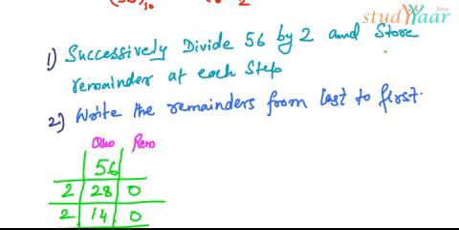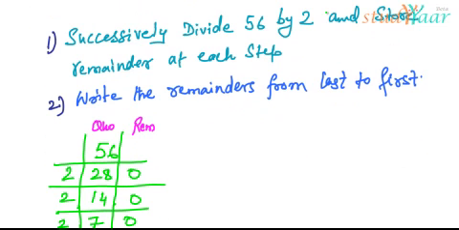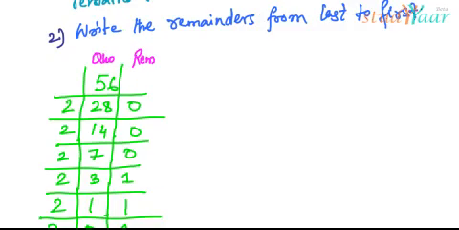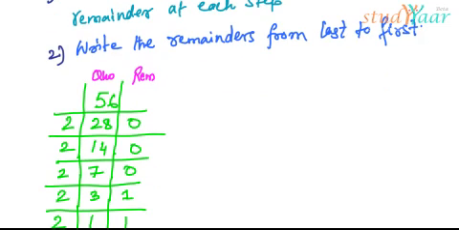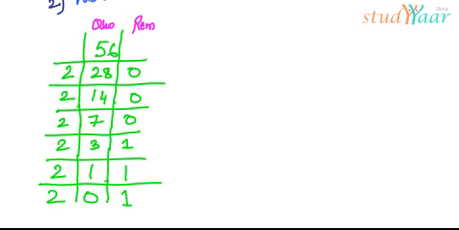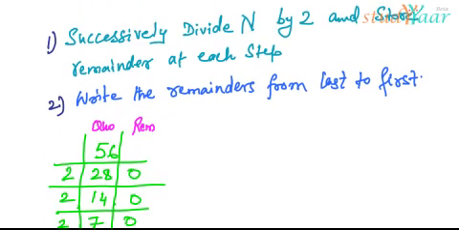Now this was the first step. Successively divide the number by 2 and store the remainder at each step. So my second step is write the remainders from last to first.